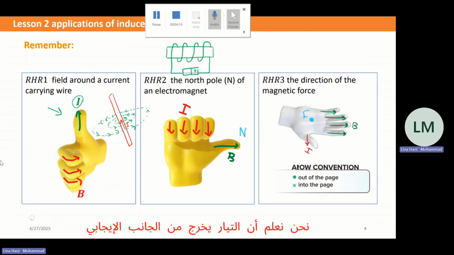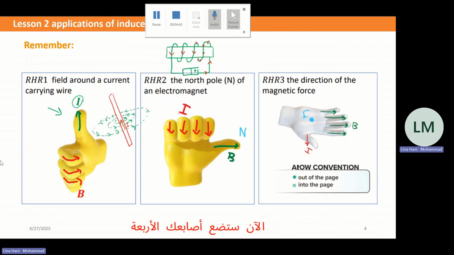Now we know that the current goes out of the positive side. From the back of the iron core, it would be going upwards, and then it coils in front of the iron core and then goes downwards and then backwards and then downwards again. So from the side that you can see of the coil, the current is moving downwards.